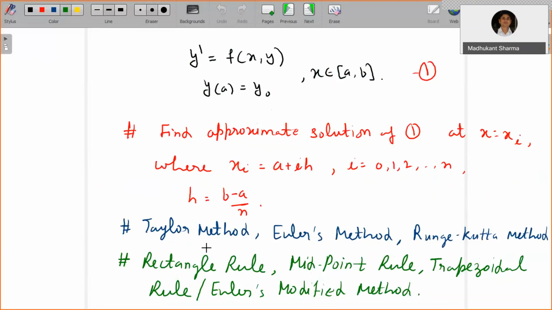Then we also utilized the technique which we learned during interpolation and numerical integration, by integrating both sides over the interval xi to xi plus 1 and so on.